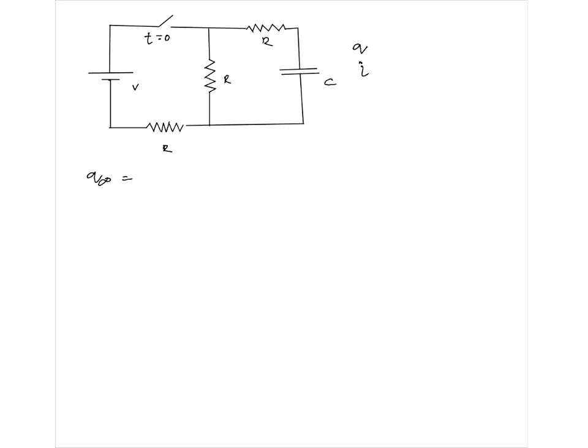Infinity time means the capacitor becomes an open circuit. Cut it. And two series resistors, so each will eat half the voltage, V by 2, V by 2. So across it will be V by 2. And this resistor will not create any drop because no current is flowing here. V by 2 will come across this. CV by 2.